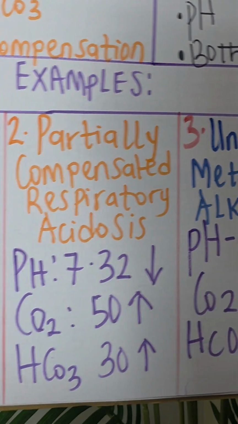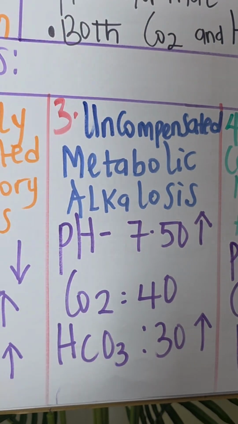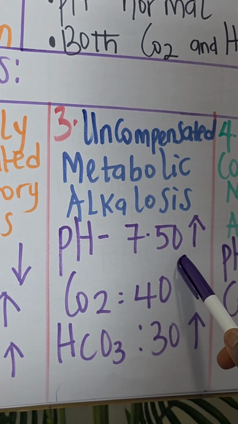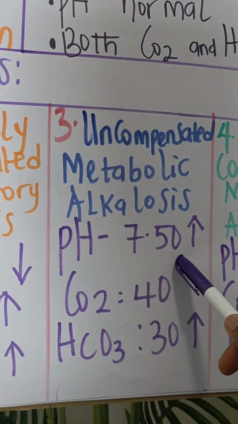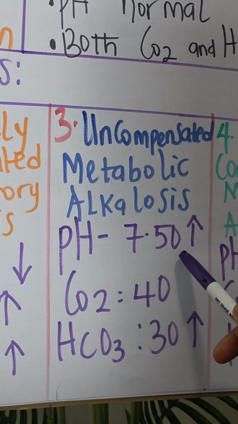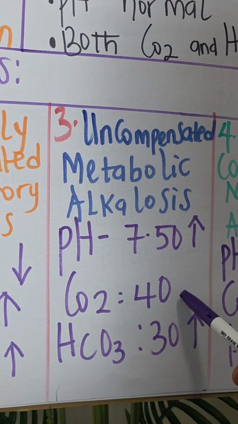Let's move on to example number 3. In example number 3, pH is 7.50, which is high. The patient is alkalotic. The CO2 is normal. The normal CO2 is 35 to 45, so the CO2 is normal.